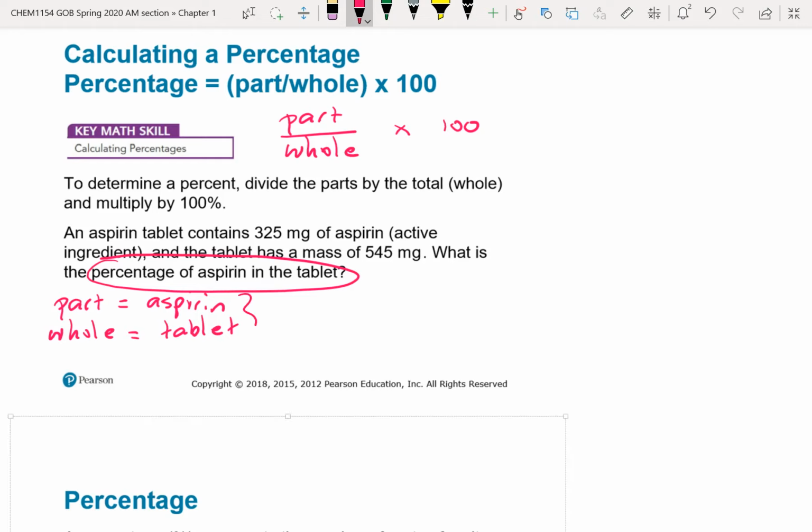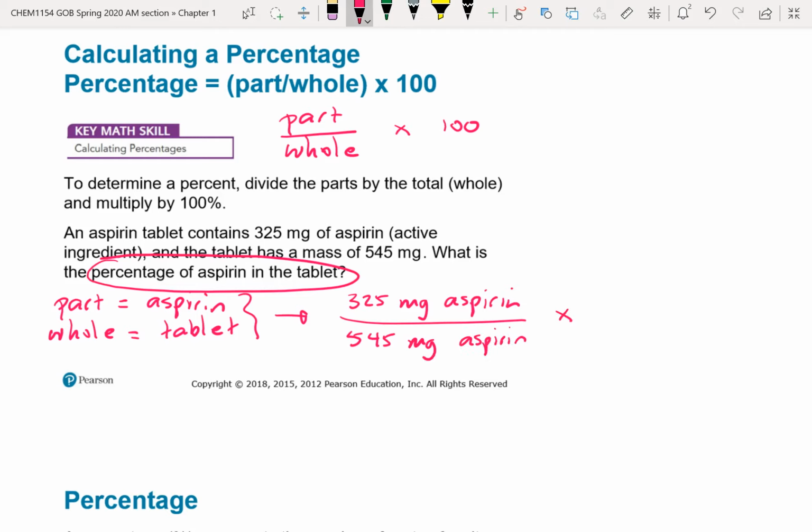So if we take those two, and we're given what those amounts are, we have 325 mg of aspirin, that's the part, divided by the whole, which is the tablet, 545 mg.